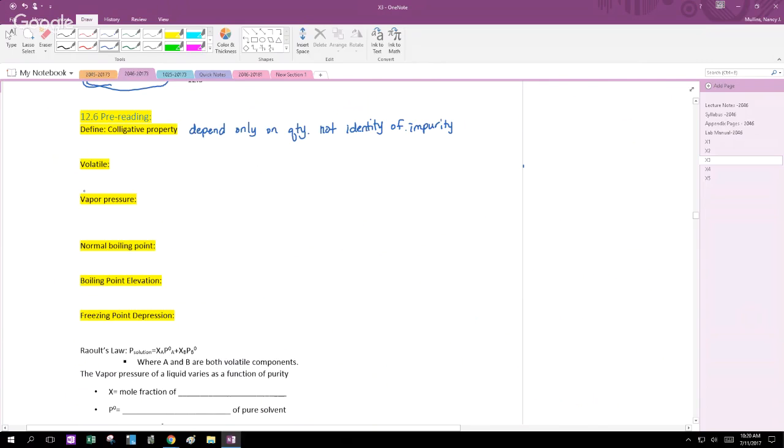A couple other words we use here. Volatile means that a substance is easily converted to a gas. Vapor pressure is the pressure that builds up in a sealed container over a liquid.